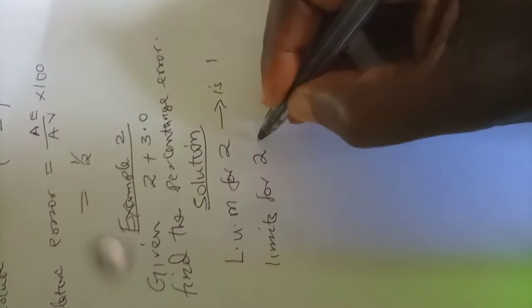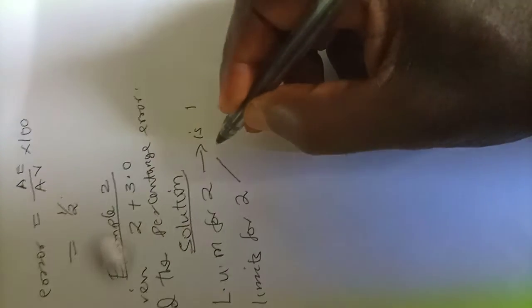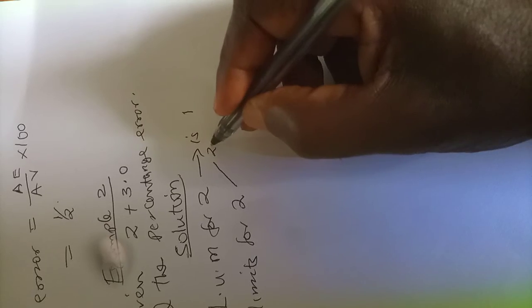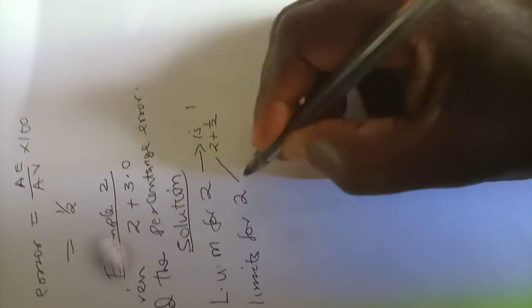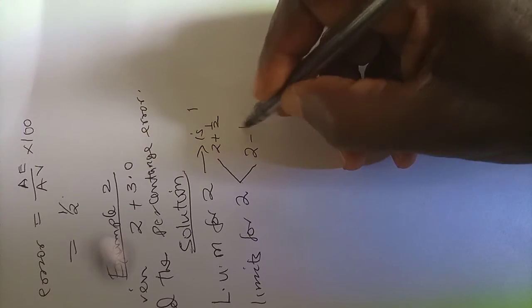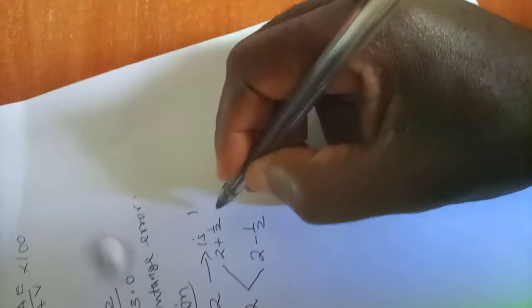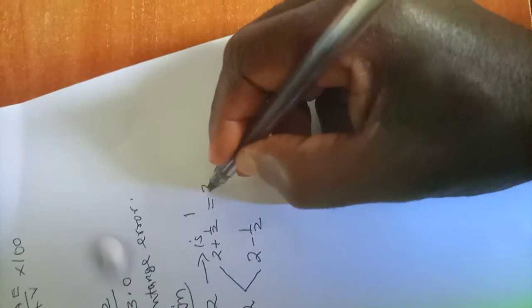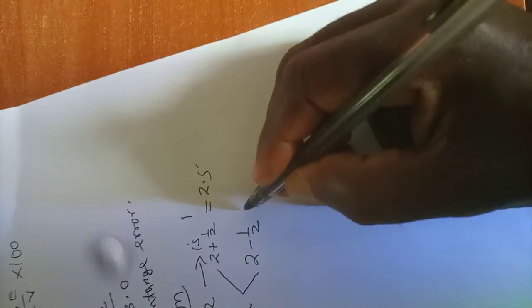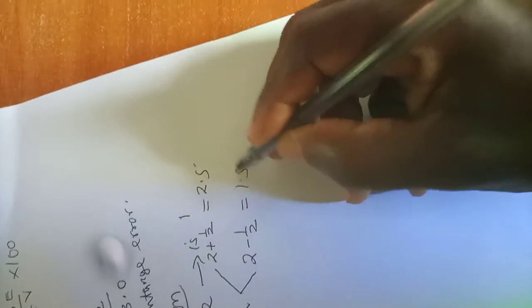So the limits for 2 will be 2 plus 1 over 2 and 2 minus 1 over 2, which is 2.5 and 1.5.